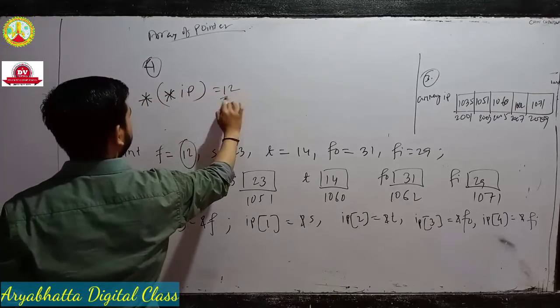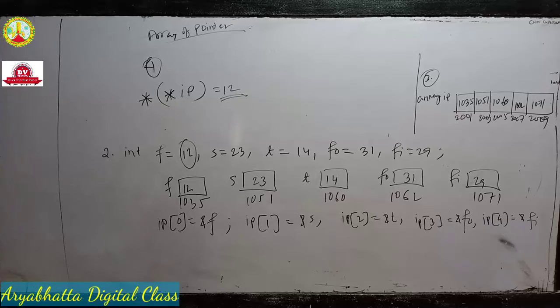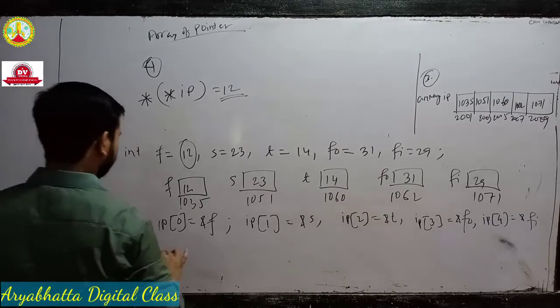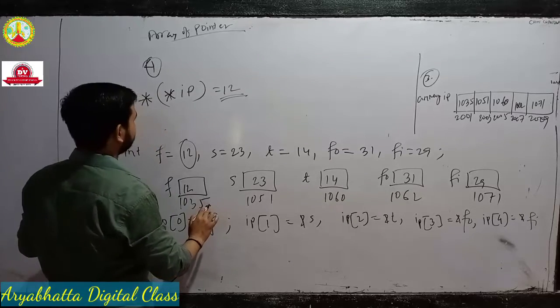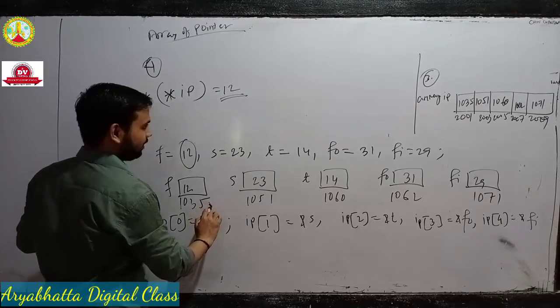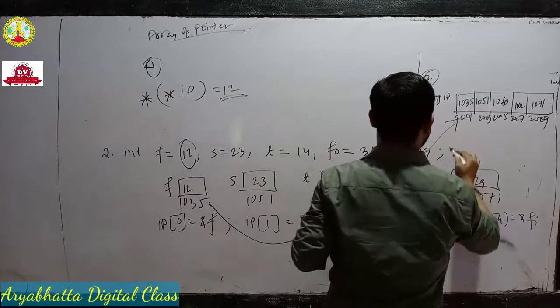This is the value of 12. We have to use 2 pointers, because we have to pass through 2 references, 2 memory addresses. Because this is the memory address of this, and it has a memory address of this.